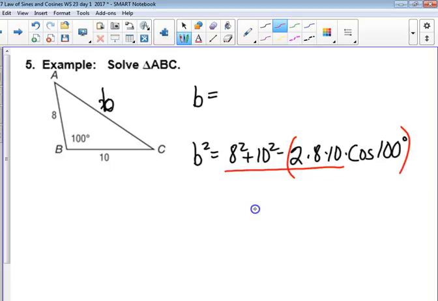The reason I ask that is because when we do it backwards, somehow students think they can undo it the other way. But for now, we're going to type 8 squared plus 10 squared minus 2 times 8 times 10 times the cosine of 100 all at once in the calculator. Now, is that side 191? Oh, I got a square root still, right?